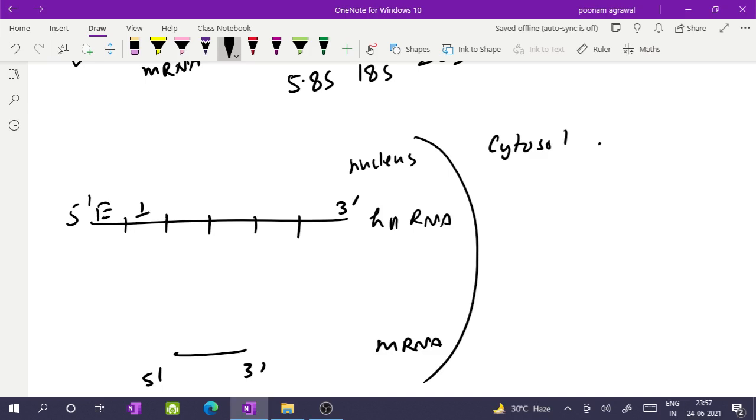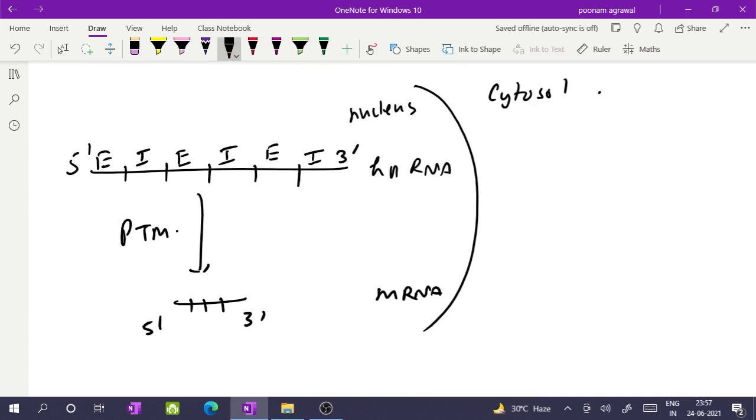Exons and introns are alternate arrangements in the hnRNA, and many of these introns are removed during post-transcriptional modification. In the final messenger RNA product, the majority is exons, and of course certain introns towards the end may remain intact.